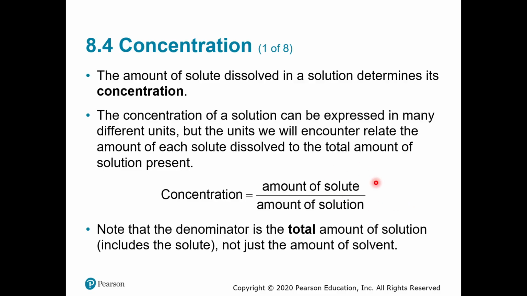Recently, we're doing a lab where we do concentrations of sugars. This is going to be divided by some amount of your solution, your overall solution amount. Now, the denominator here is the total amount of solution. This will include the solute. It's not just the amount of the solvent. It's not just water. Okay?